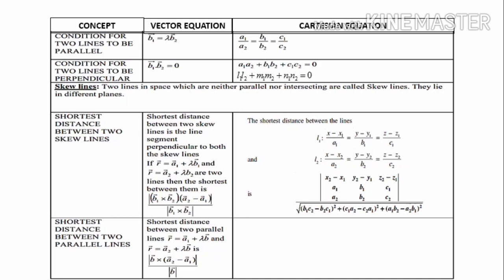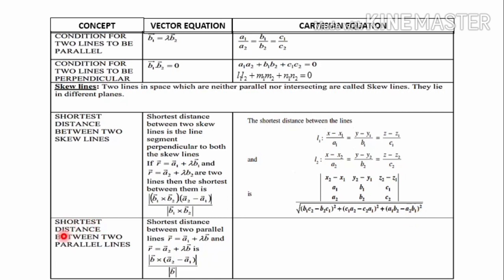Both are the same. It is |(b1 × b2) · (a2 − a1)| divided by |b1 × b2|, and the Cartesian form is the determinant with rows (x2 − x1, y2 − y1, z2 − z1), (a1, b1, c1), (a2, b2, c2), divided by the square root of (b1c2 − b2c1)² + (c1a2 − c2a1)² + (a1b2 − a2b1)².